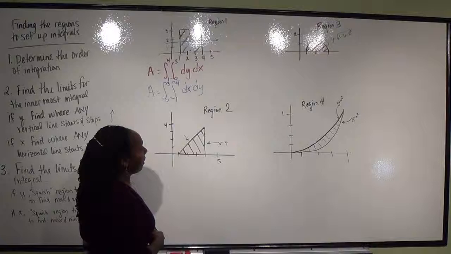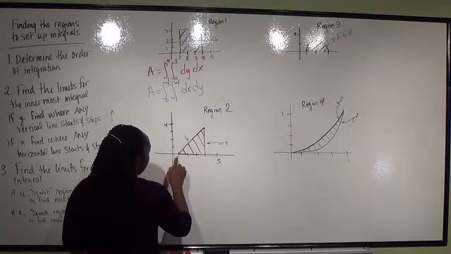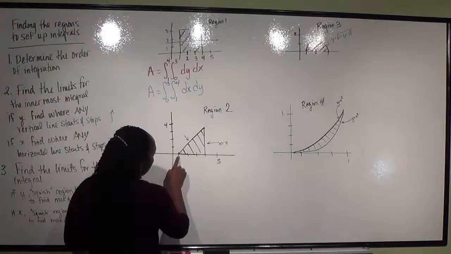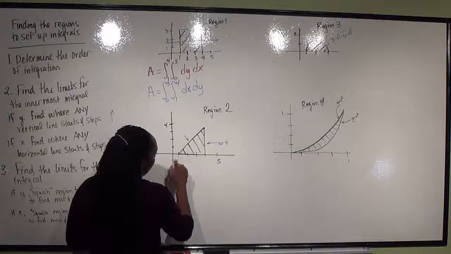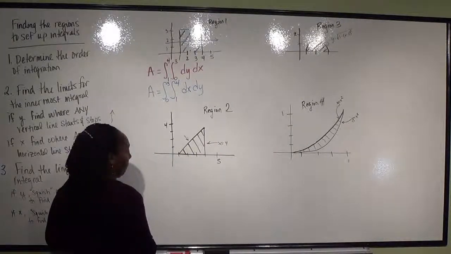So to find this line, again I can think y equals mx plus b, and I can see my slope here is basically, so in this case I'm going up 1 and over 1, and my intercept is going to be down there at negative 1.